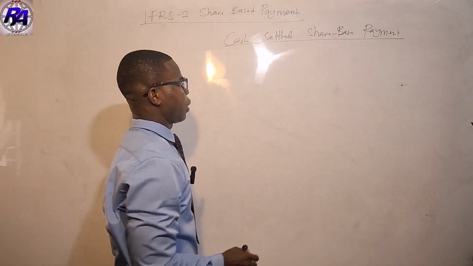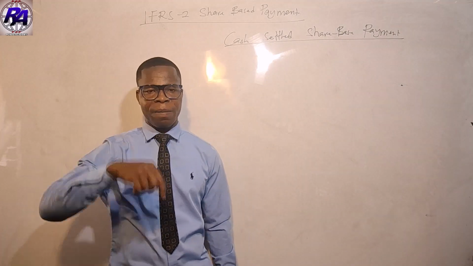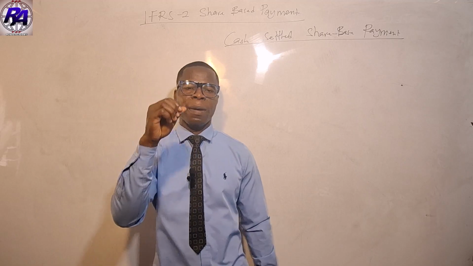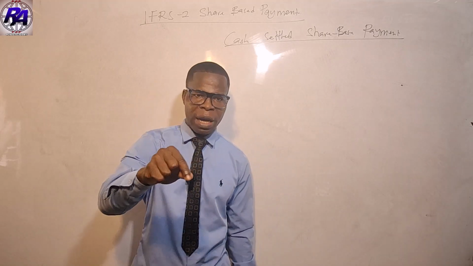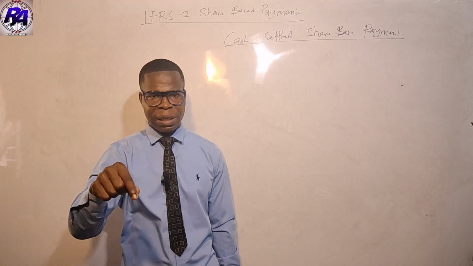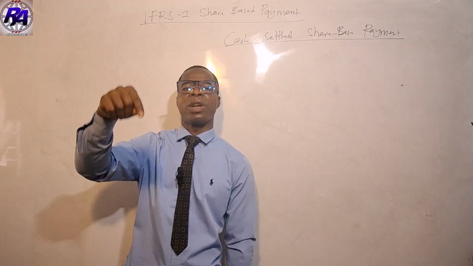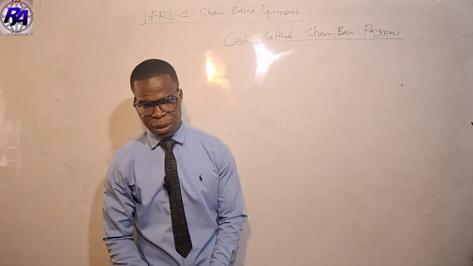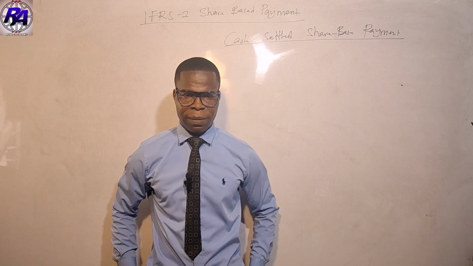Now, as I indicated in our previous lesson, when we talk about cash-settled share-based payment transaction, it is where an entity receives goods and services, and the price of those goods and services is determined based on the share price of the entity, or based on the price of the equity instrument of the entity.